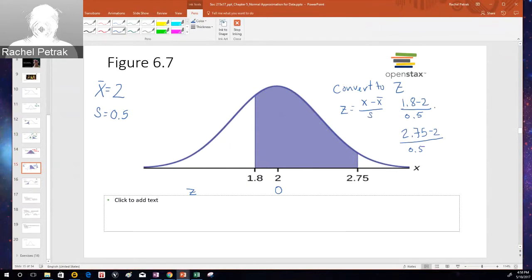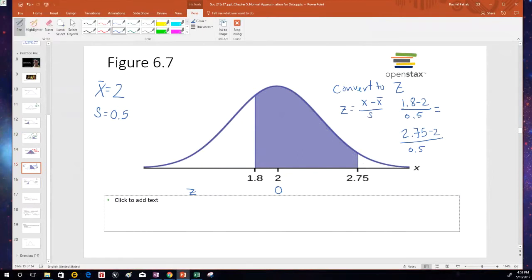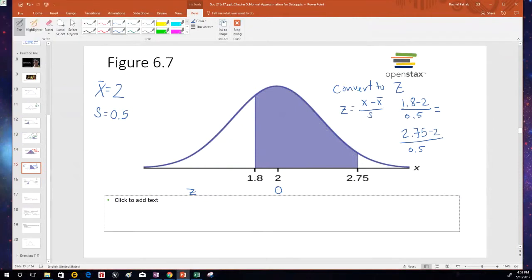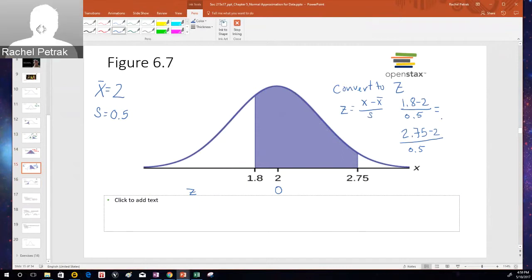Did anybody find this first z-score? Well, when I do the math on this, I can see that this first z-score is negative 0.4.